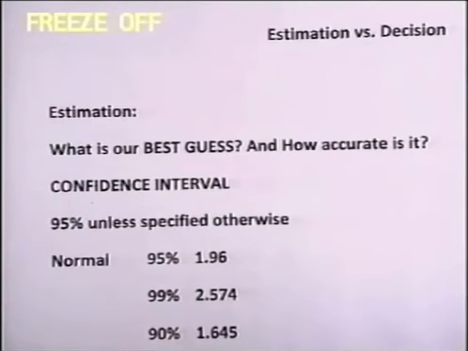Okay. When we do estimation, what are we talking about? We're trying to find our best guess. In other words, if we're measuring something, what is the real average size of a population? Okay? We're trying to calculate X bar in the book. That's the sample mean.